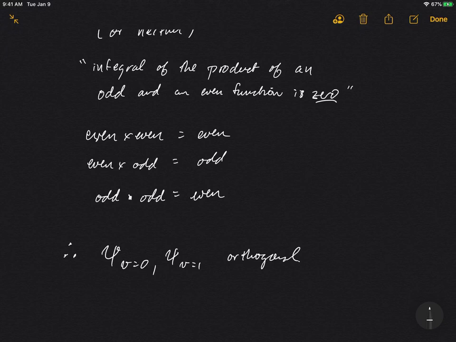That's because they're both even functions, but it turns out that these wave functions, v equals 0 and v equals 2, are also orthogonal. But the proof is a little bit trickier. So we know that some of these states are orthogonal to each other, and it can be shown that the other ones are. Again, we don't want to necessarily go into all of the possible details. There's a lot of directions we can go.